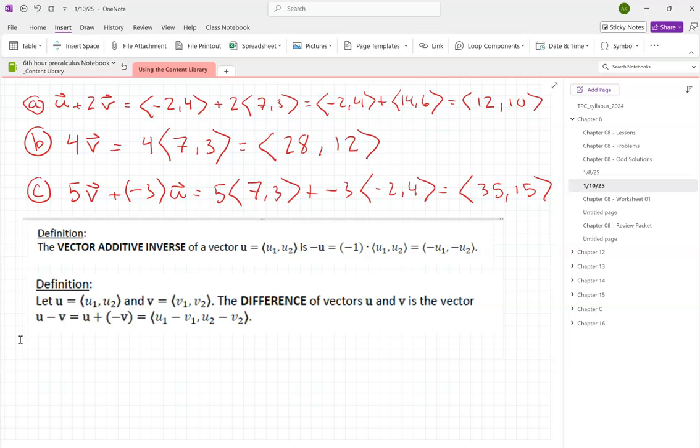Really what it boils down to is I just subtract the components, which is what we would hope. So if I subtract 2 vectors, I just subtract their components. If I add 2 vectors, I add their components. It works just the way we would hope. It's working just like regular number operations. Just go component by component. No big deal.